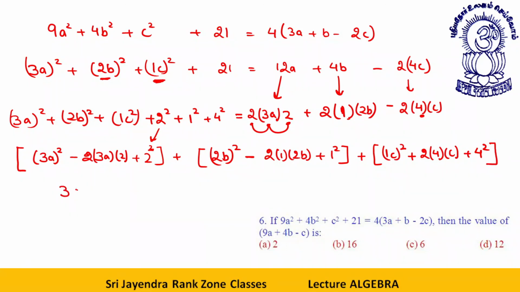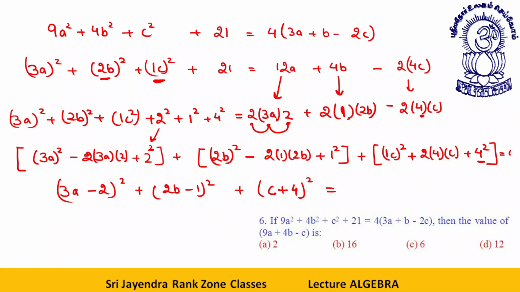Now this is (3a - 2)² + (2b - 1)² + (c + 4)², of the form x² plus y².